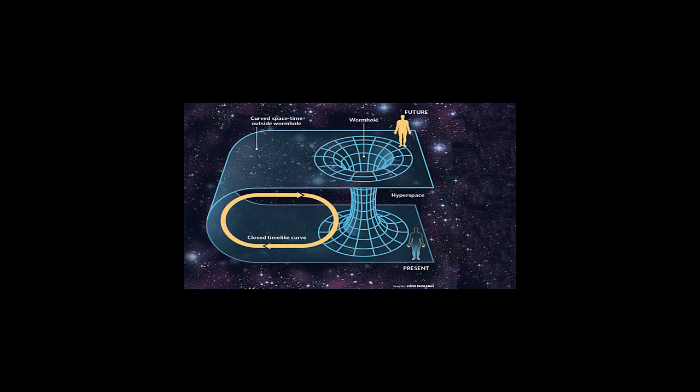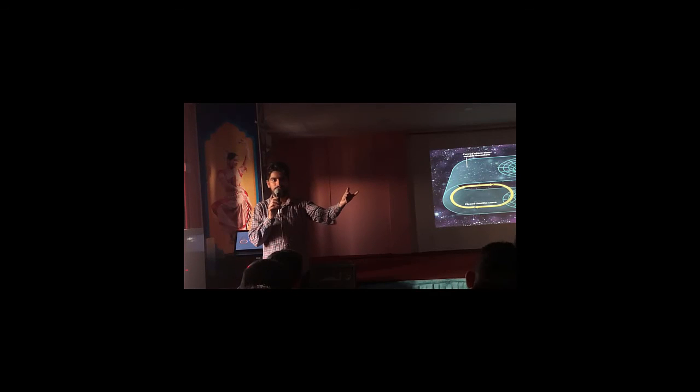Now, the wormhole in the movie. Please recall, in the movie there was a wormhole. What is that wormhole? In simple words, a wormhole is a shortcut from one place of the universe to another place of the universe. In the movie they were shown traveling from one galaxy to another galaxy. That requires a great amount of time.